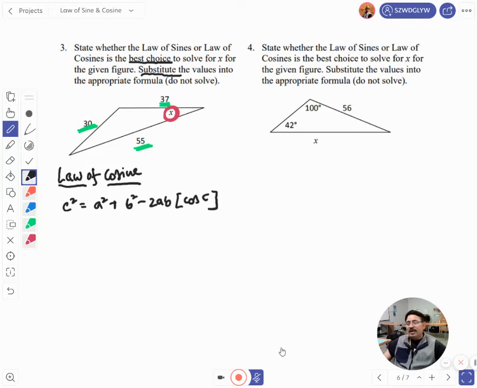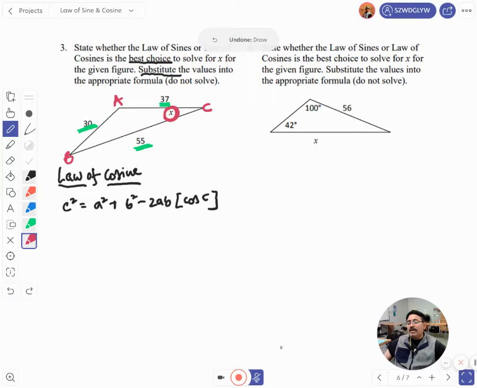I see that an angle is missing, so if I consider that one as C, the side opposite to C, let me not confuse you much. Let me mark this as C, and the other two are A and B. Side C is the side opposite to angle C.